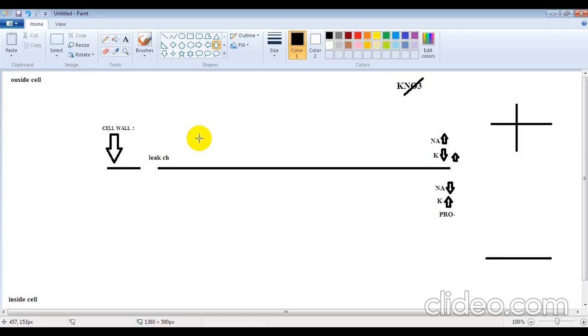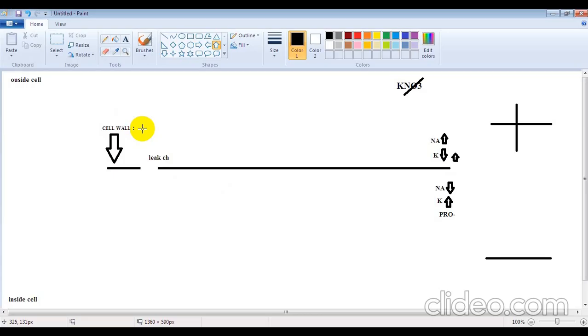The second point: by decreasing the potassium outflow, more potassium that is positively charged remains inside the cells. This retention of potassium raises the membrane potential from -70 to -60. I repeat it.